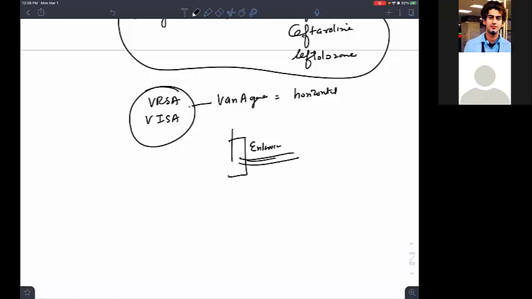That's why it is becoming resistant. It is acquiring this from Enterococcus faecalis, so this is a horizontal conjugal transfer, the process by which it acquires the VRSA gene.